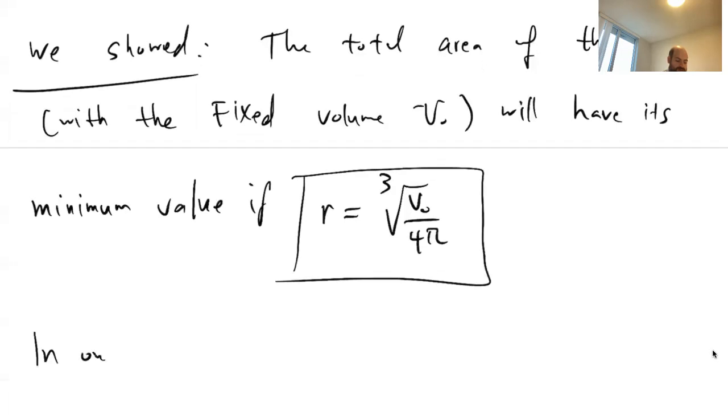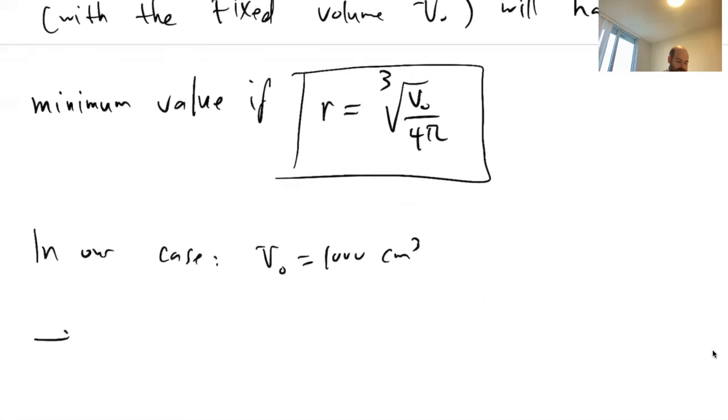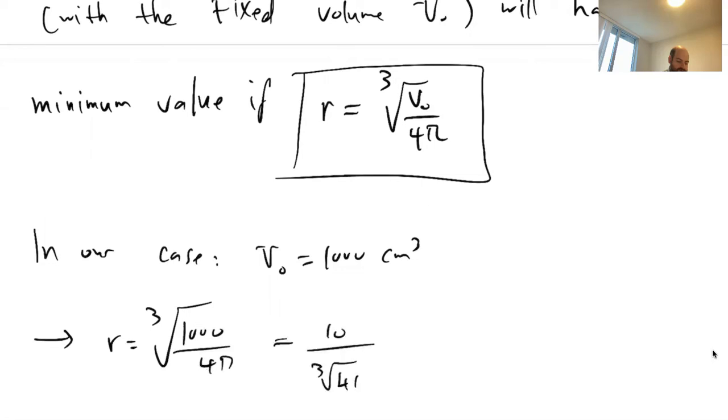In our case, V0 equals 1000 centimeter cube. So R equals cube root 1000 over 4 pi, and this is 10 over cube root 4 pi.